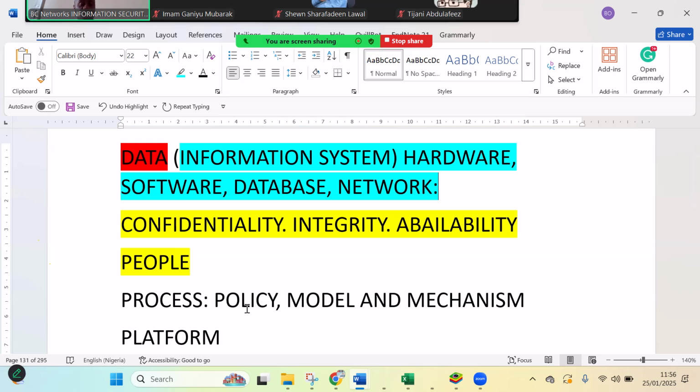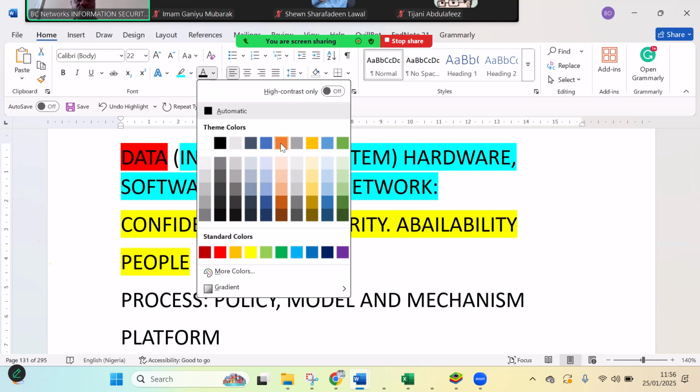The policy also enforces that you must use genuine, licensed software that is free of any form of viruses. The policy also indicates that only some categories of people can access this particular environment, which is your database environment.